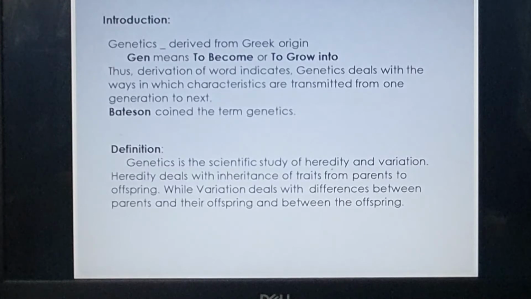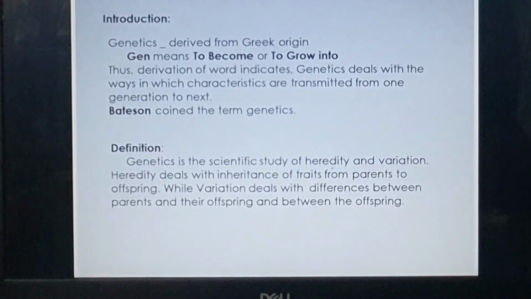The variations are the differences between parents and offspring and between offspring. We see differences in us as compared to our parents, and also differences between our siblings. We are all progeny of our parents, but we are also not the same. So this is because of variations.